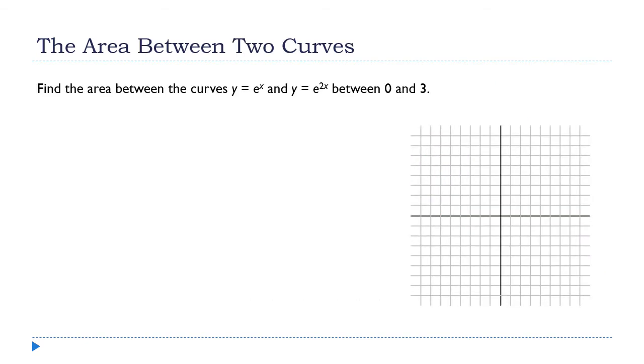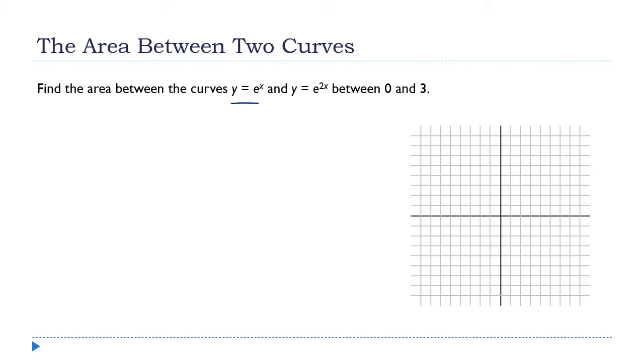Okay, so let's see how this works. Right, I've got my 2 functions. I've got y equals e to the x and y equals e to the 2x. And now I want to do this between 0 and 3. So let's see. I'm going to sketch a quick graph over here because we need to know who's on top, which is the f and which is the g from my previous example. Well, let's see. I'm going to go y equals e to the x first. And I know what it looks like.